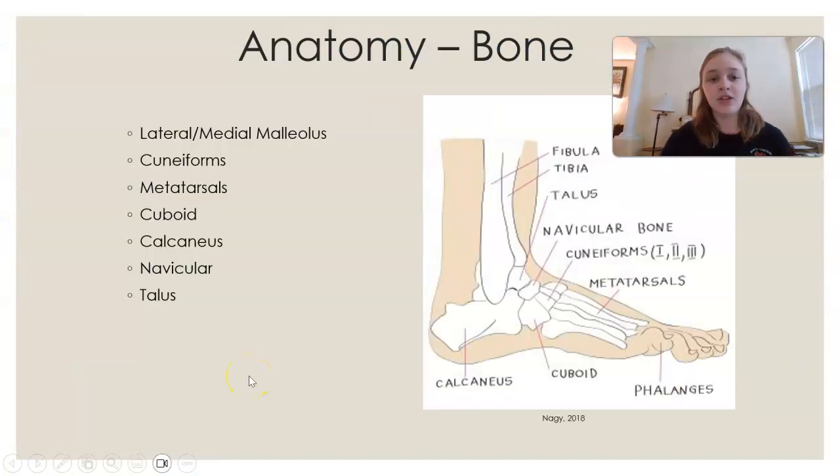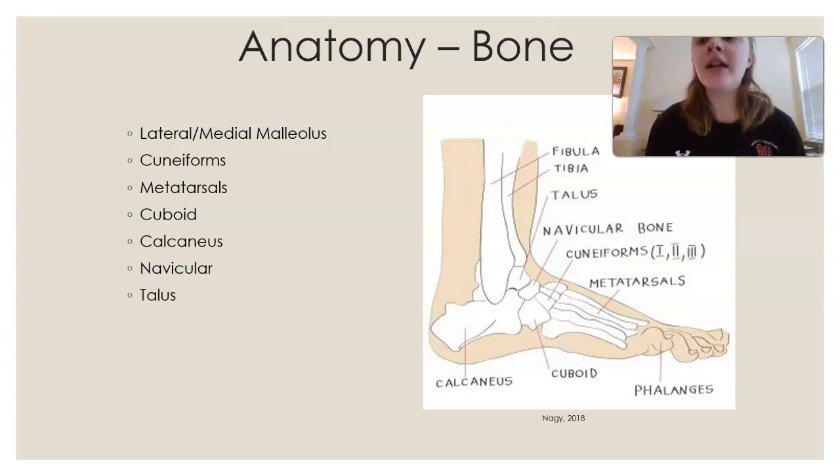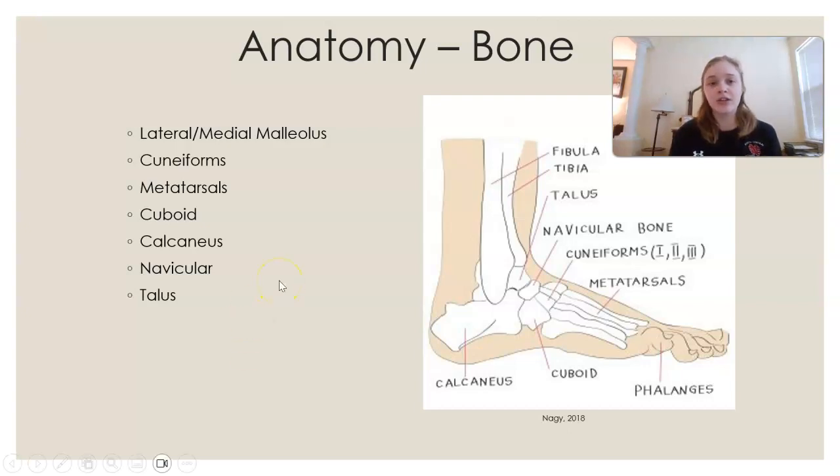To begin, I want to go over some of the anatomy that is associated with LisFranc injuries, specifically the overall foot and ankle anatomy, because when we are discussing LisFranc injuries and the mechanisms associated with that, we want to rule out some ankle pathologies that may have occurred at the time of injury.